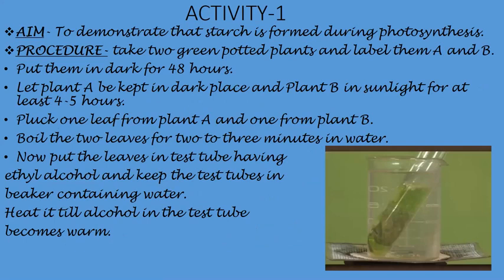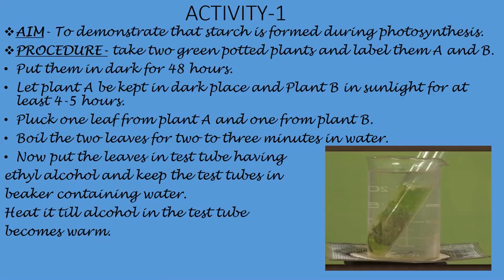To demonstrate that starch is formed during the process of photosynthesis. The materials required for this activity are leaf, boiling water, alcohol, iodine, test tube, spirit lamp, dropper. Now, what is the procedure?